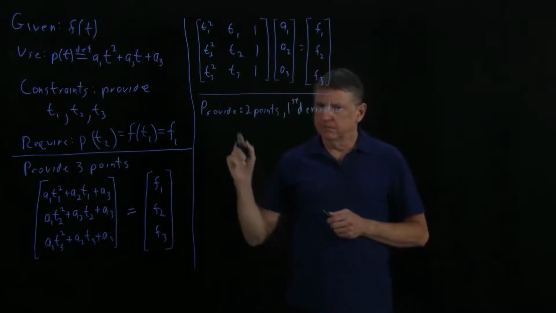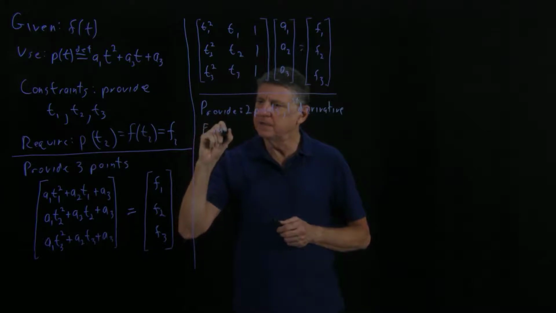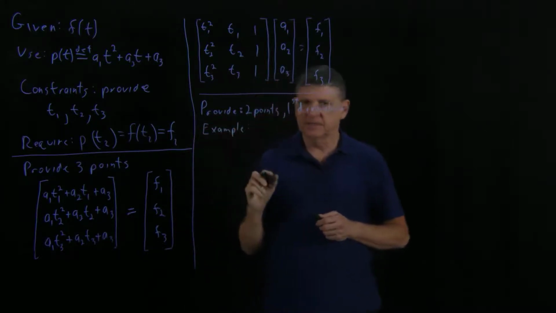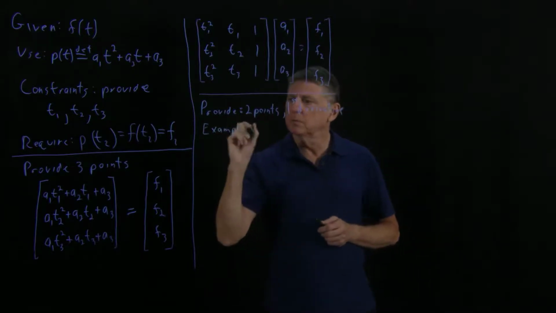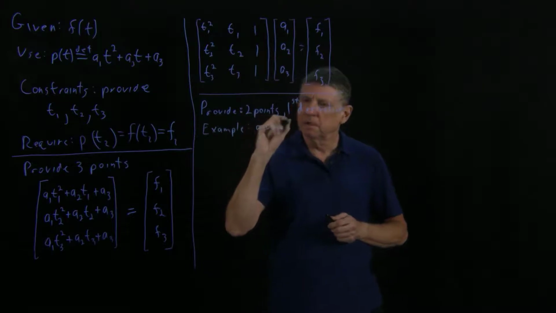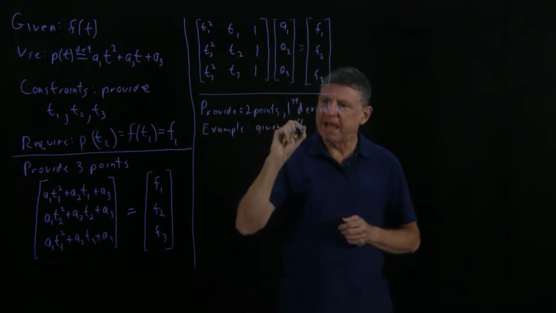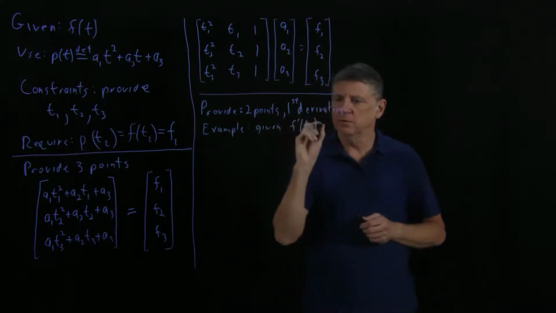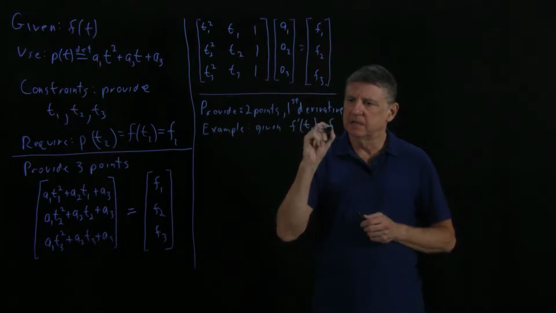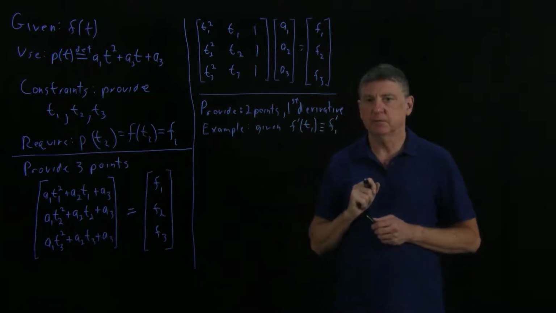For example, this is what we'll do in this course. We will be given the first derivative at the first value, and we'll write that as f prime at that first value.